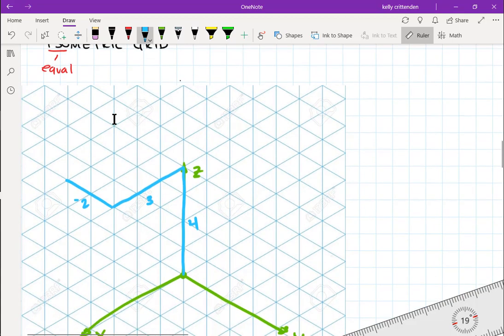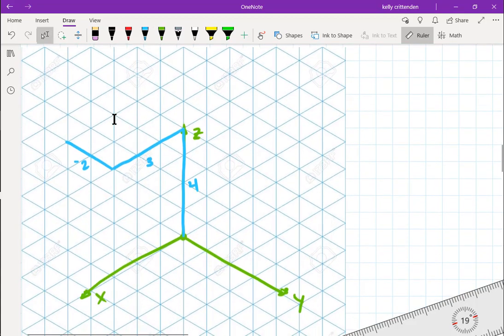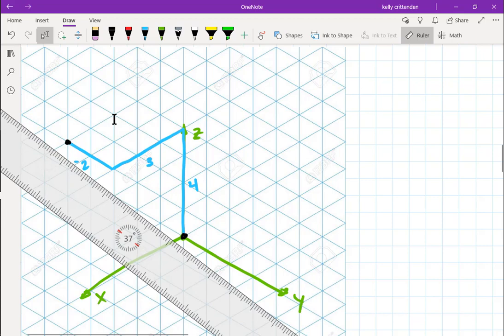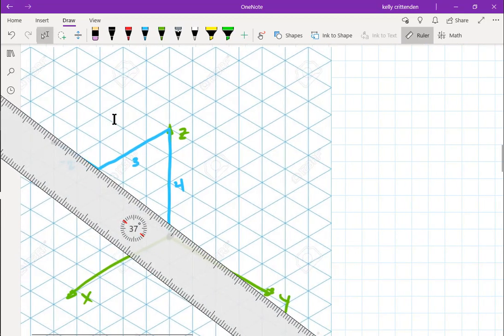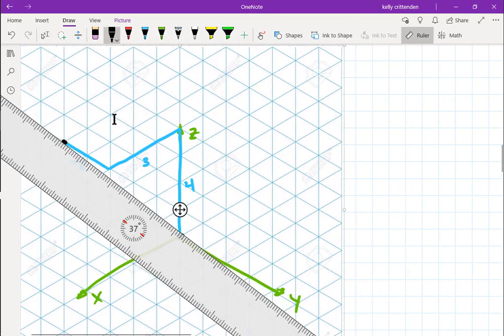So that's actually negative 2, because positive Y was going kind of to the right. And so now I have an endpoint here, and I assume I would have a beginning point here, and let's see if I can line this up and draw a straight line between them.